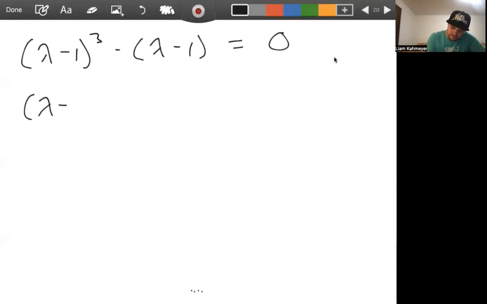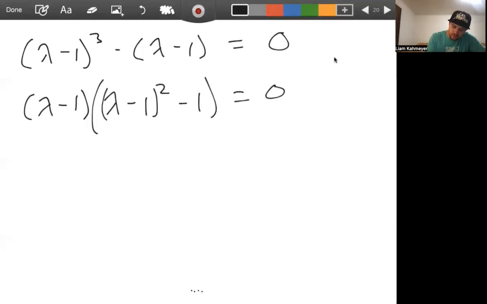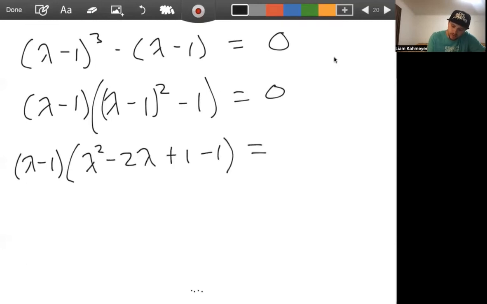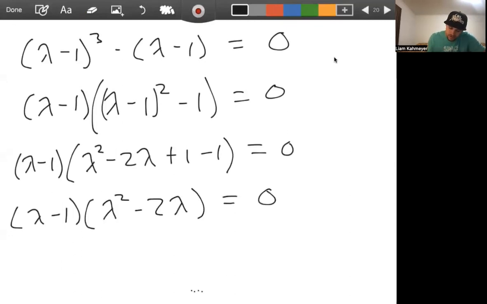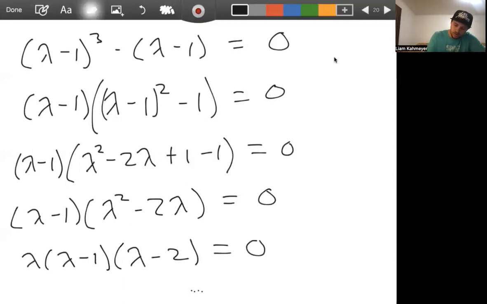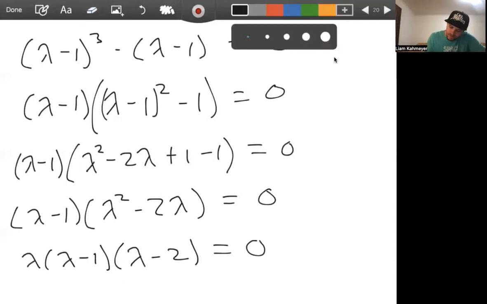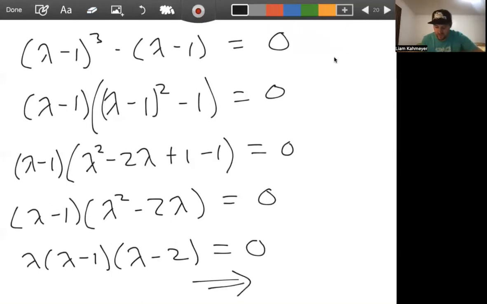So that's lambda minus 1 times lambda minus 1 quantity squared minus 1 equals 0, which is lambda minus 1 times lambda squared minus 2 lambda plus 1 minus 1 equals 0, which is lambda minus 1 times lambda squared minus 2 lambda equals 0, which is lambda times lambda minus 1 times lambda minus 2 equals 0, which means we have 3 distinct eigenvalues.